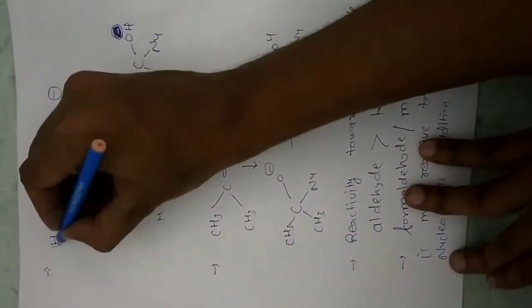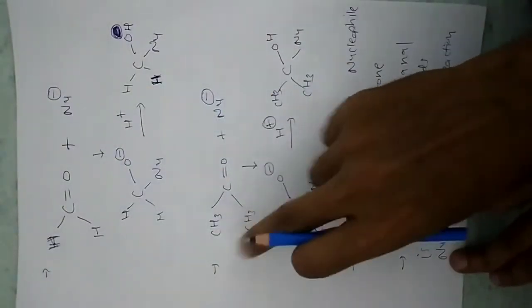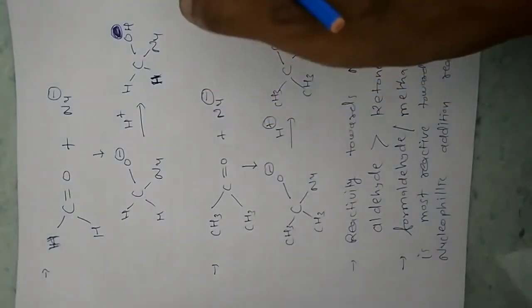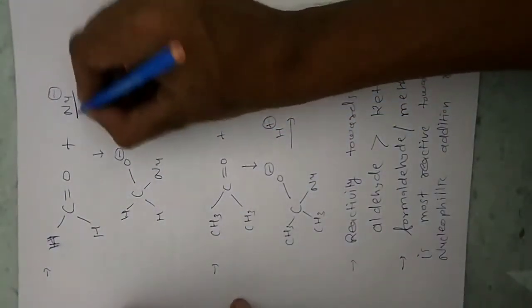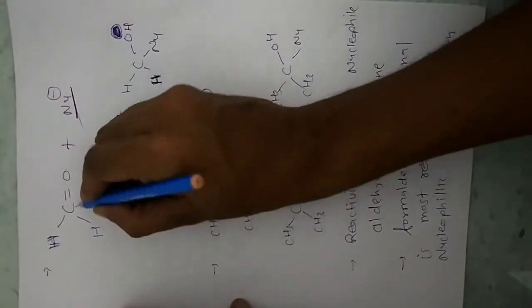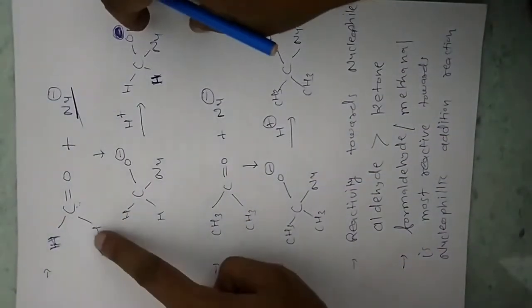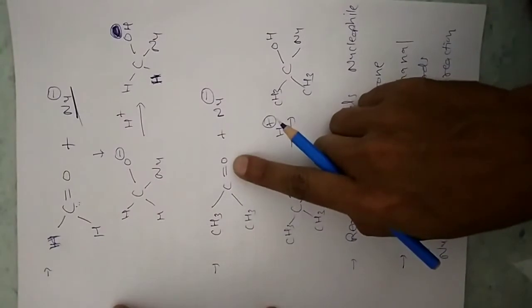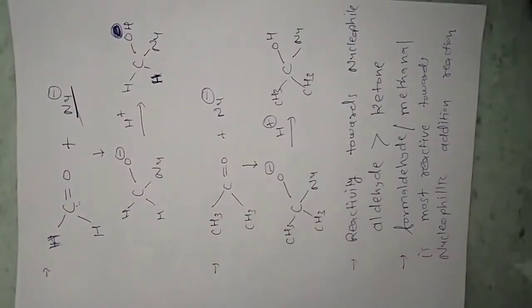Now hydrogen is small in size, CH3 is comparatively big in size. So attack of the nucleophile is easy in case of aldehyde. In case of ketone, attack is not that easy.